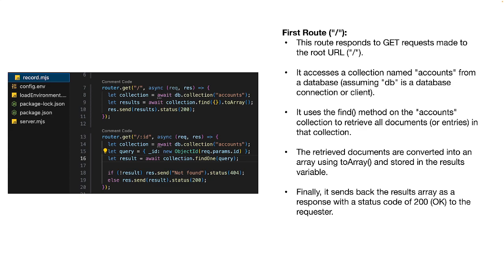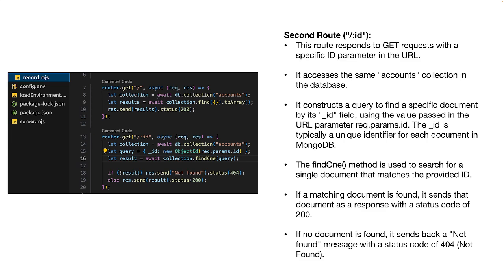It accesses a collection named accounts from a database. It uses the find method on the accounts collection to retrieve all documents or entries in that collection. The retrieved documents are converted into an array using toArray and stored in the results variable. Finally, it sends back the results array as a response with a status code of 200, or OK, to the requester.